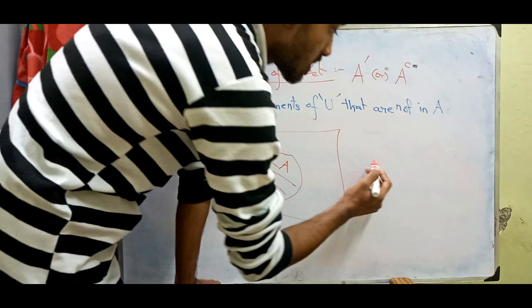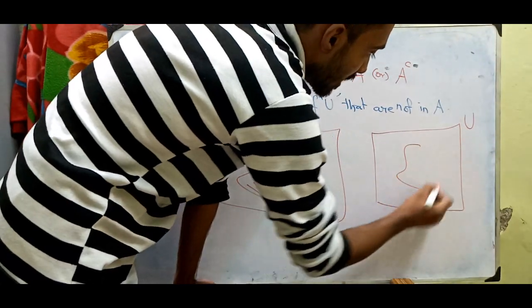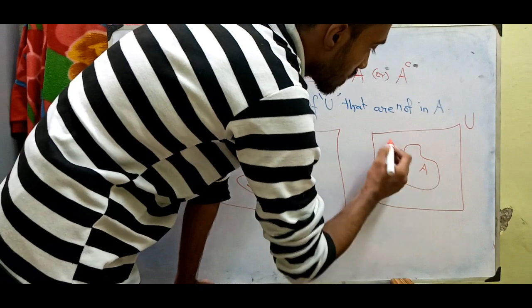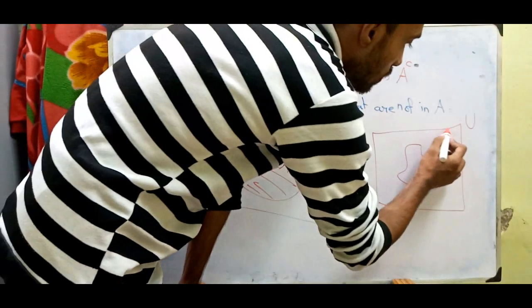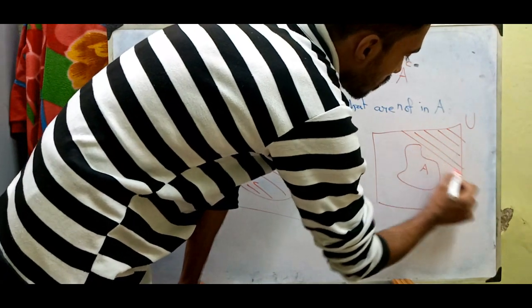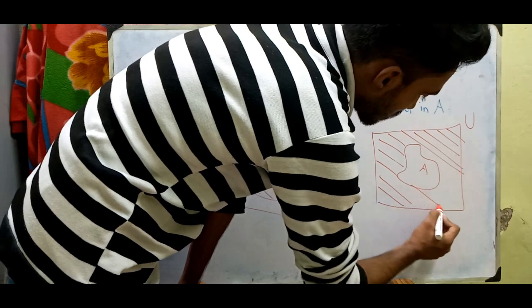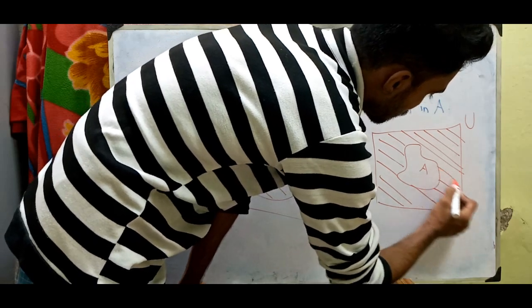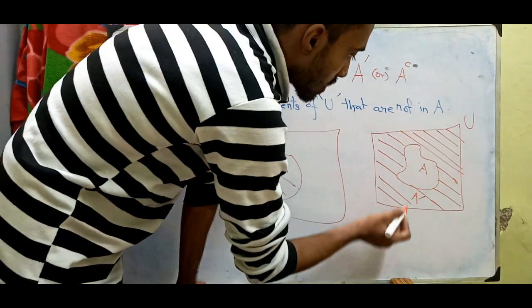Okay, that means this one. So this is U and this was A, right? So the set of all elements that are not in A will be the remaining part outside A, which I am shading. So I call this A dash or A complement, both are the same.